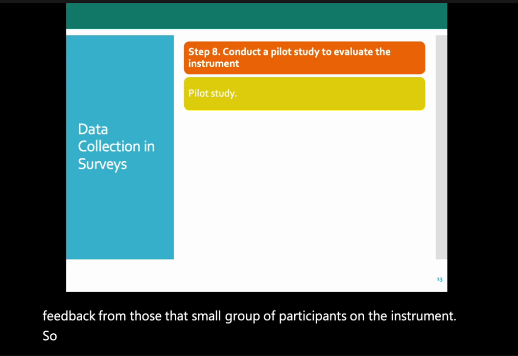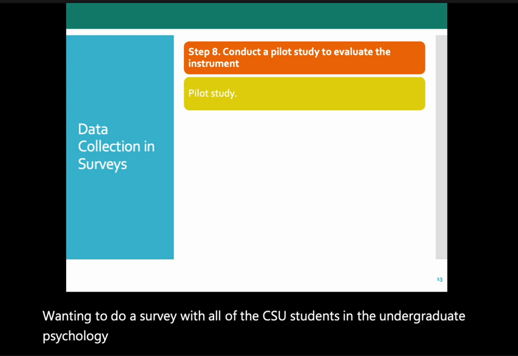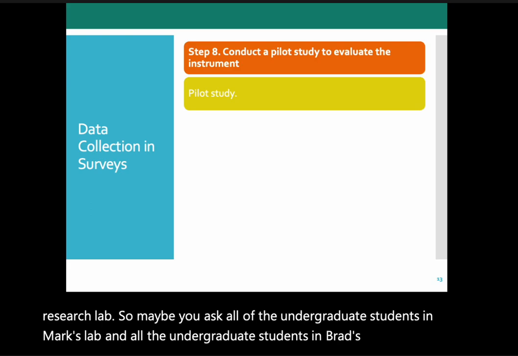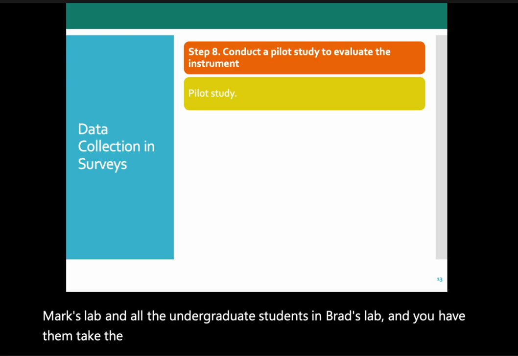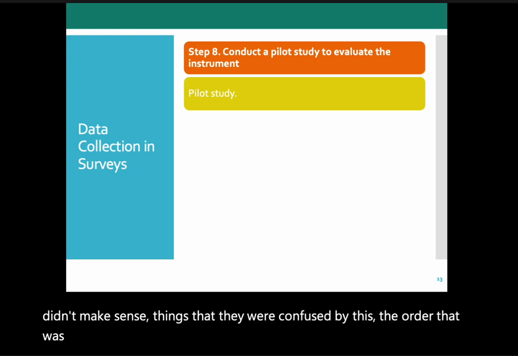So a good example of this is if you are wanting to do a survey with all of the CSU students in the undergraduate psychology department, you might pilot this study with like members of a research lab. So maybe you ask all of the undergraduate students in Mark's lab and all the undergraduate students in Brad's lab, and you have them take the survey, and then they give you feedback, questions that didn't make sense, things that they were confused by, just the order that was clunky, how long it took.